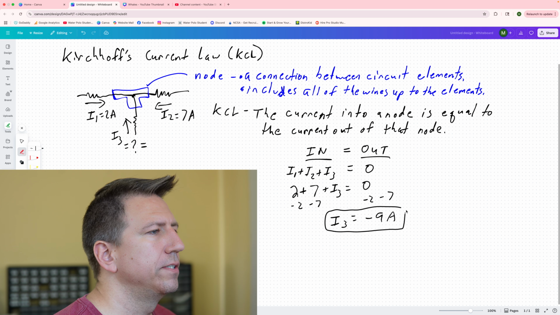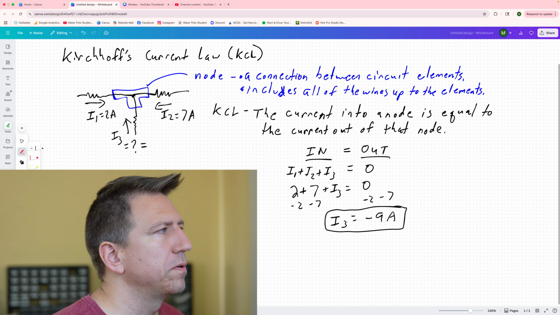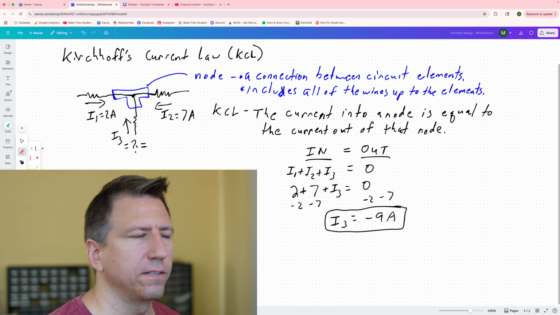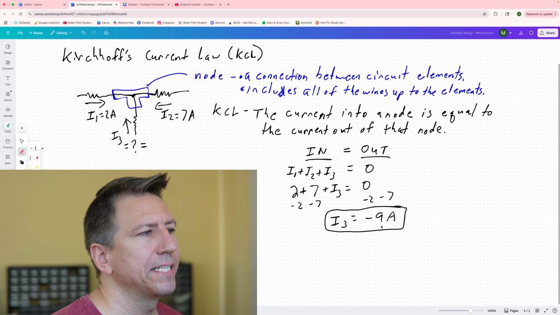So the magnitude is the same, still 9 amps, and it's still flowing out, as we already know, but the arrow for the variable is pointing opposite the direction of the actual positive flow. And so the variable gets a value of minus 9 amps. So there you have it, the importance of drawing our arrows on the diagram, and a simple example of how we use Kirchhoff's current law to do analysis.